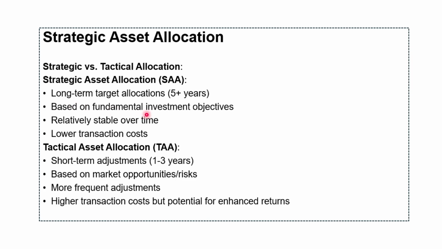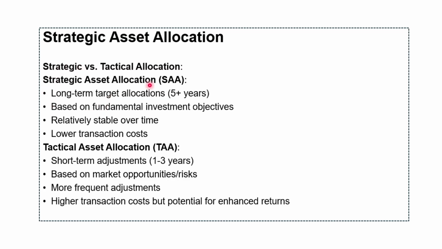These are based on fundamental investment objectives and remain relatively stable over time. SAA drives the majority of your long-term return and typically involves lower transaction costs, because you are not constantly adjusting. Think of SAA as your portfolio DNA. It reflects your core belief about different markets and strategies and shouldn't change frequently based on short-term market movements.